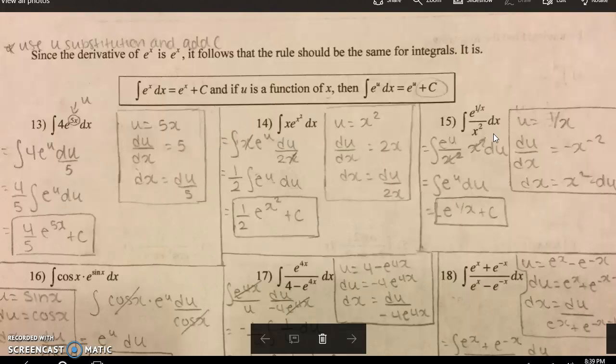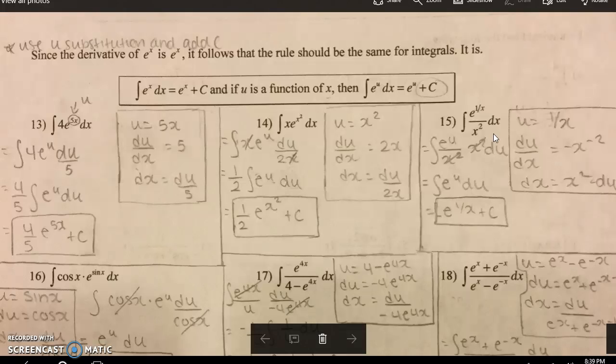So for number 13, we're using u substitution, and here u is going to be the power over the e. So u is going to equal 5x. The derivative of 5x is 5. dx equals du over 5. So we just replace 5x with u.